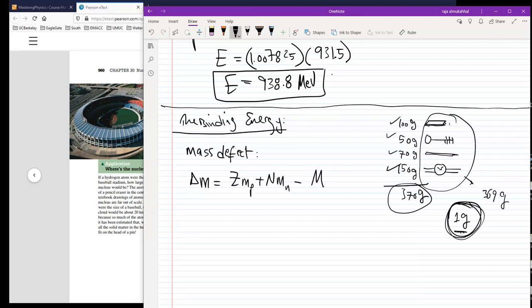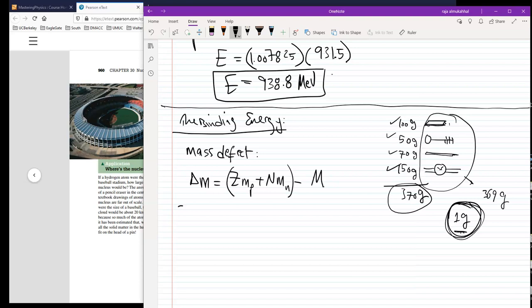When I subtract those two, I will get the amount of mass deficiency, and that deficiency converts into energy to bind them together.